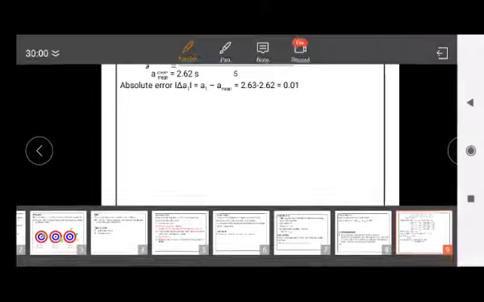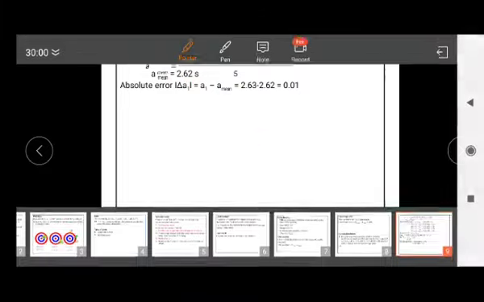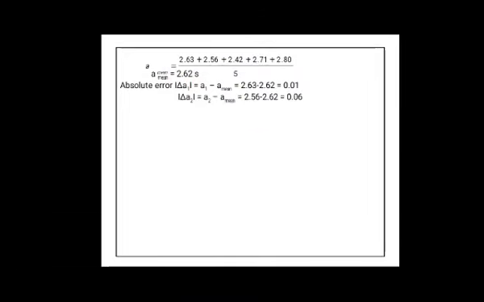Then the next one is A2 minus A mean. 2.56 minus 2.62, you will get 0.06. I hope you are observing the negative sign is neglected because it is mod. Then A3, similarly you will get 0.20. Similarly the fourth value 0.09. Then for the fifth value, 2.80 minus 2.62 is 0.18.